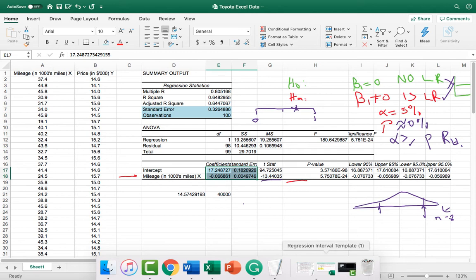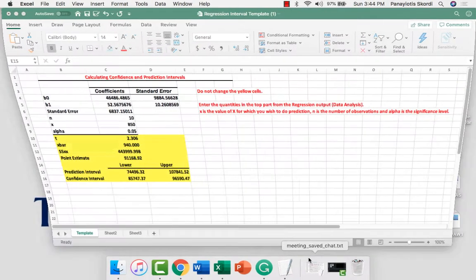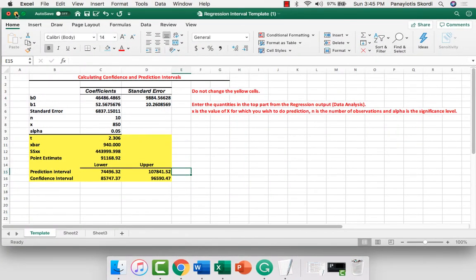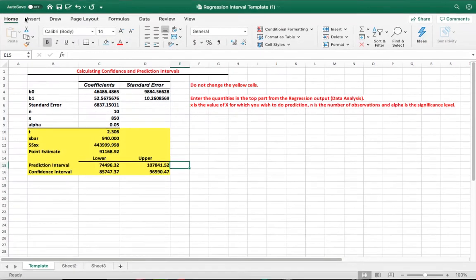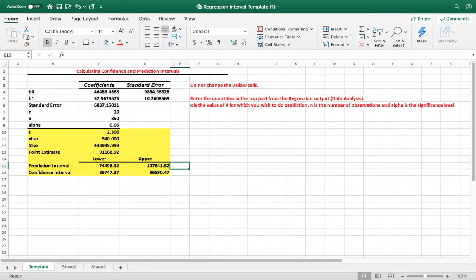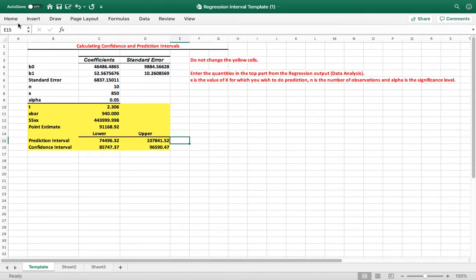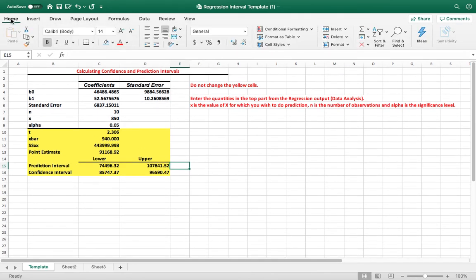The easiest way, as I said, is just to copy and paste it, but let's just do it into this template. Okay, so let's go into the template.